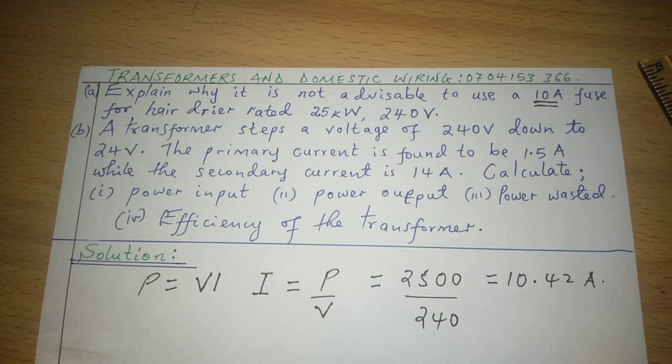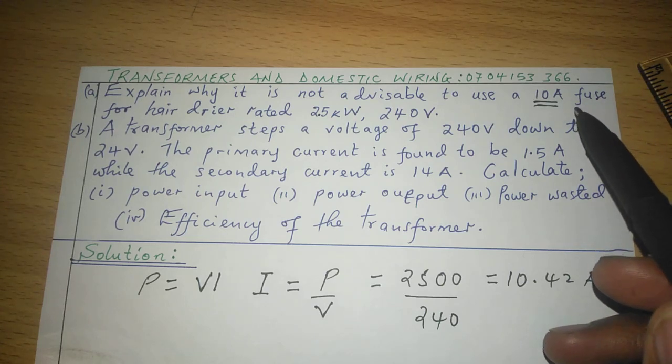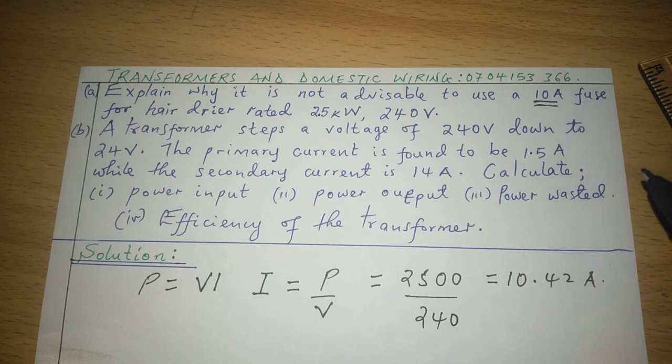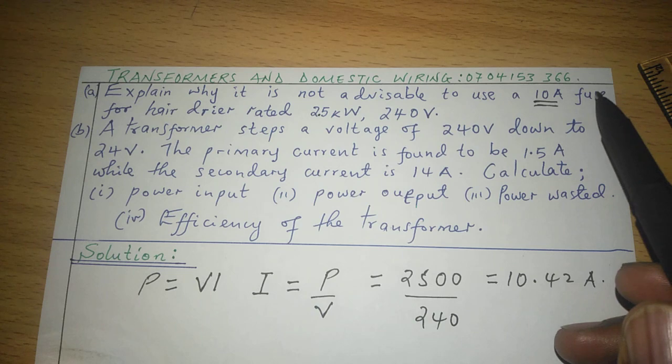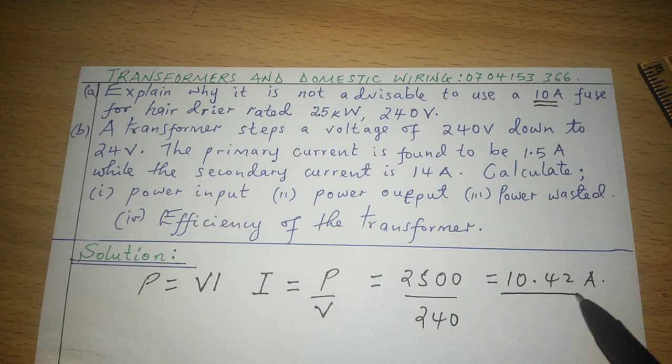Therefore, a fuse to be used in a certain circuit must be slightly above the current that the device requires. But here the fuse is below the current that will be used by the device. This means that fuse will not even allow the dryer to operate.